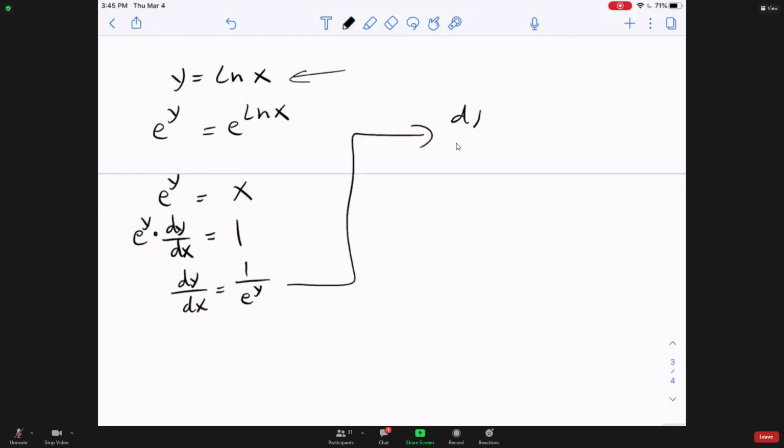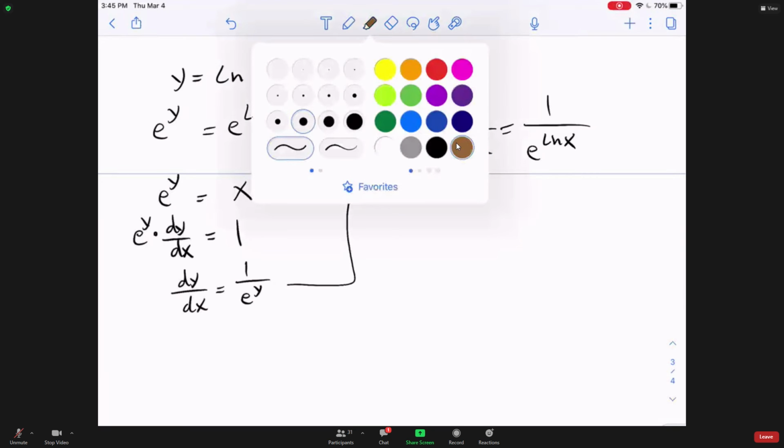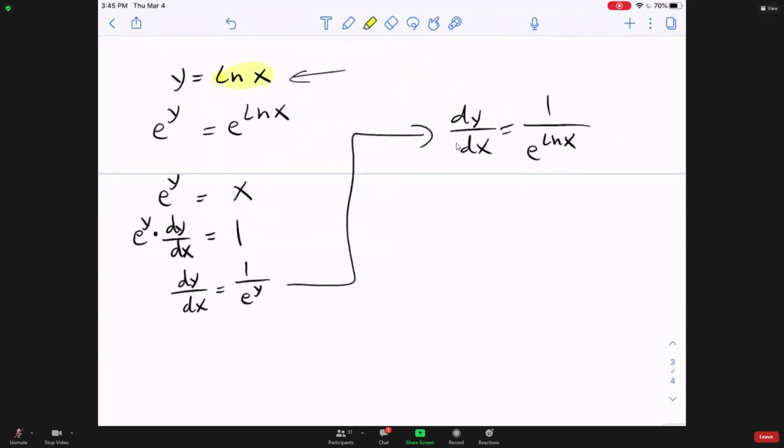So dy over dx is equal to 1 over e to the ln of x, since y is ln of x. So dy over dx, what's e to the ln of x? E to the ln cancel each other out, so it's 1 over x.